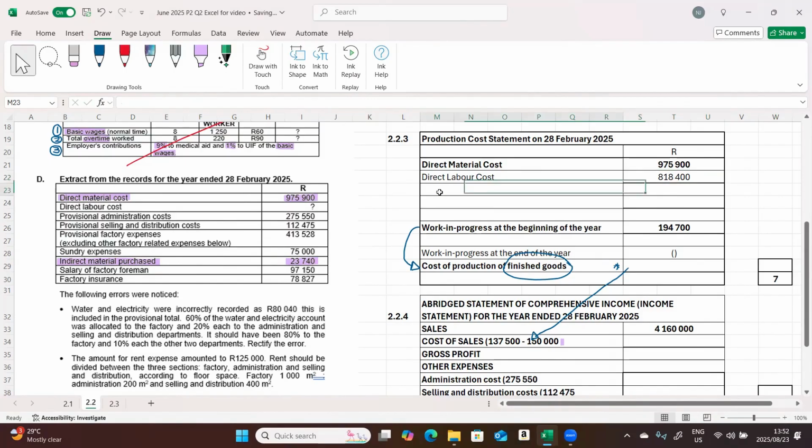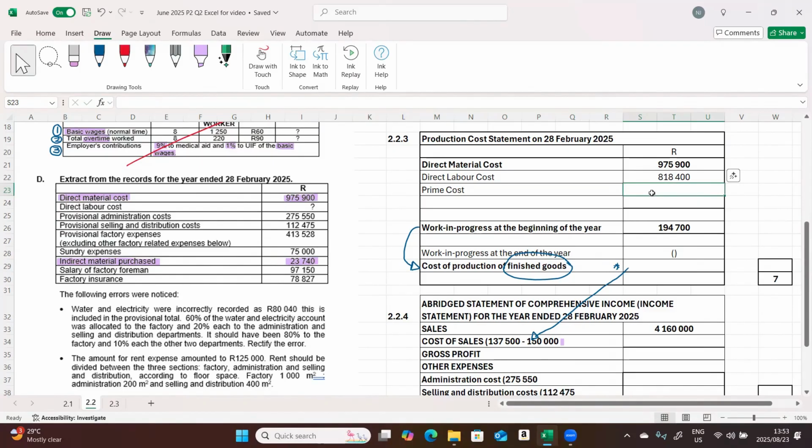Perfect. And then, guys, we can go ahead over here. When we have our direct material cost and our direct labor cost within our production cost statement, we can add them together. Can you see there's a total line? But what do we call it when we add direct material cost plus direct labor cost? We call that prime cost. Format studies, guys, you have to know that's what it is.